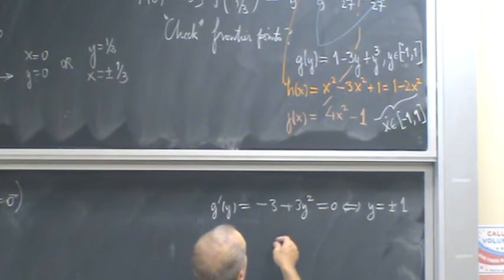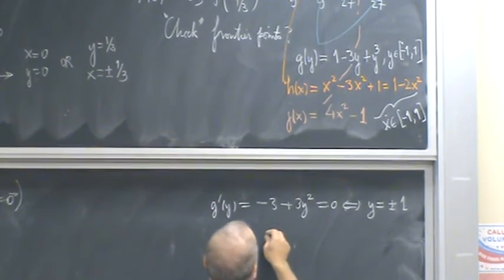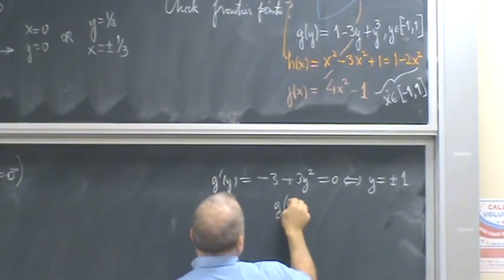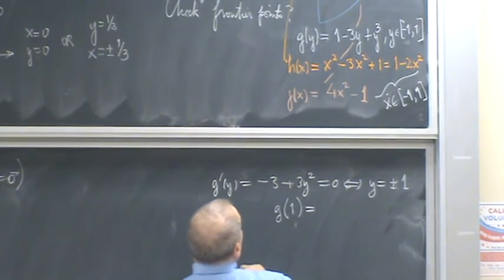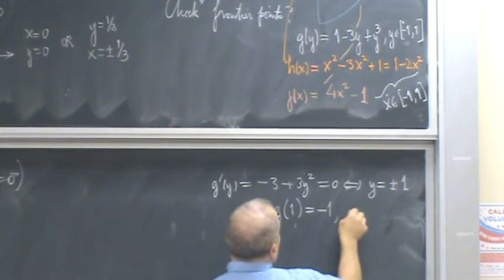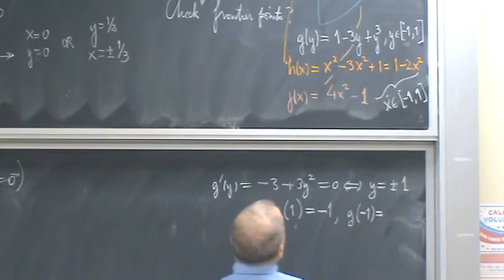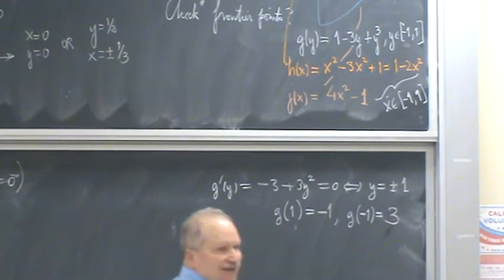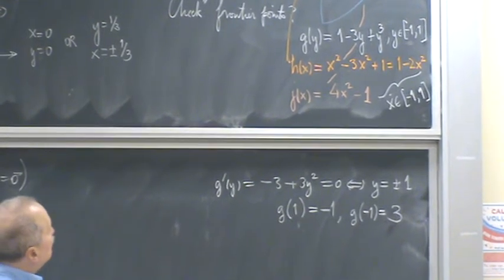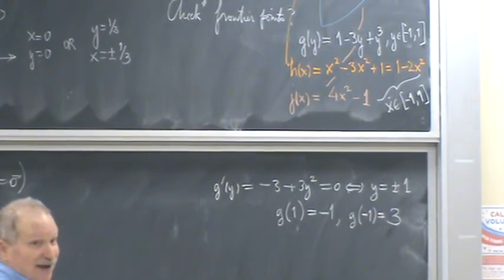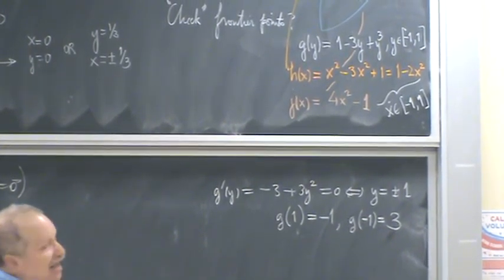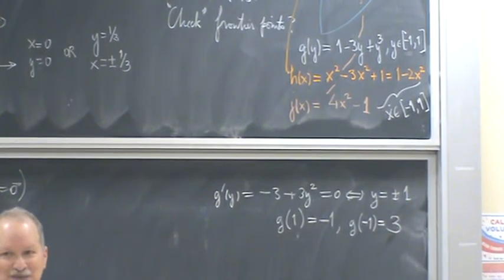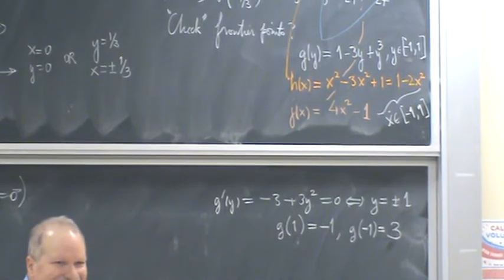So you would plug in 1 and negative 1. G of 1 is negative 1. G of negative 1 is 3. Uh-oh. What do you mean, uh-oh? That just means they're bigger than that. Yeah, so those points are not max points. Just erase them.